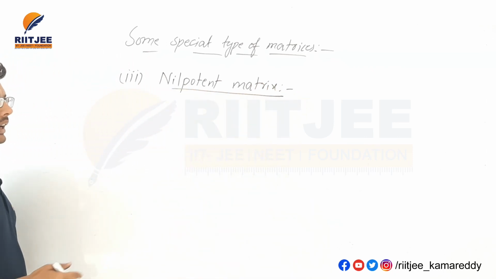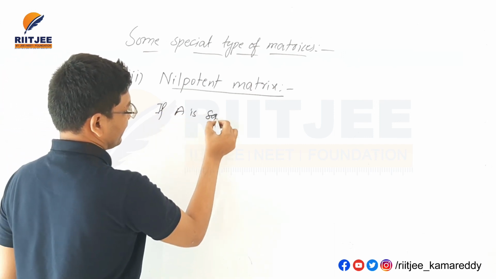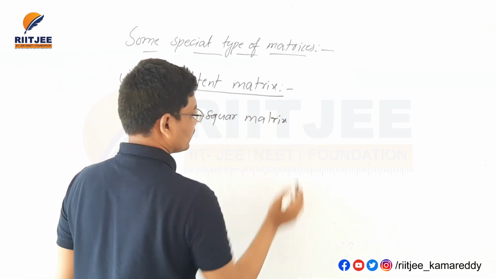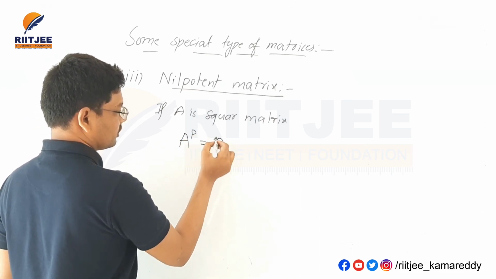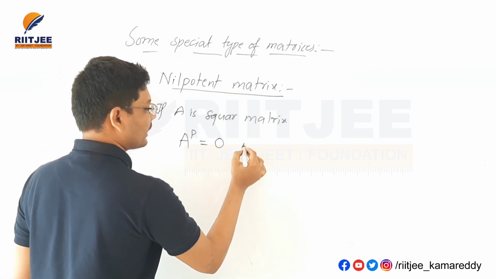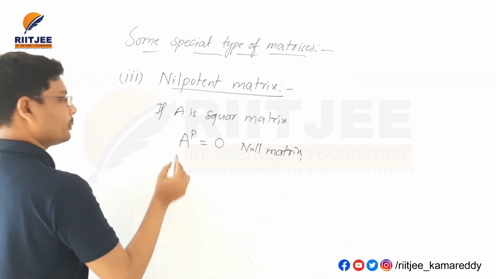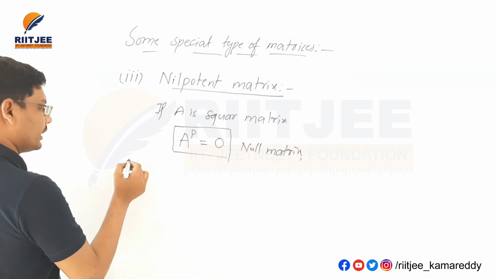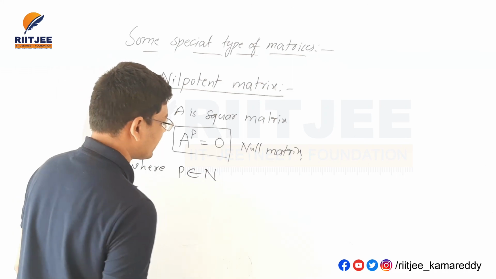A nilpotent matrix is nothing but if A is a square matrix, then A to the power of P is equal to O, where O is nothing but the null matrix, where P belongs to the natural numbers.